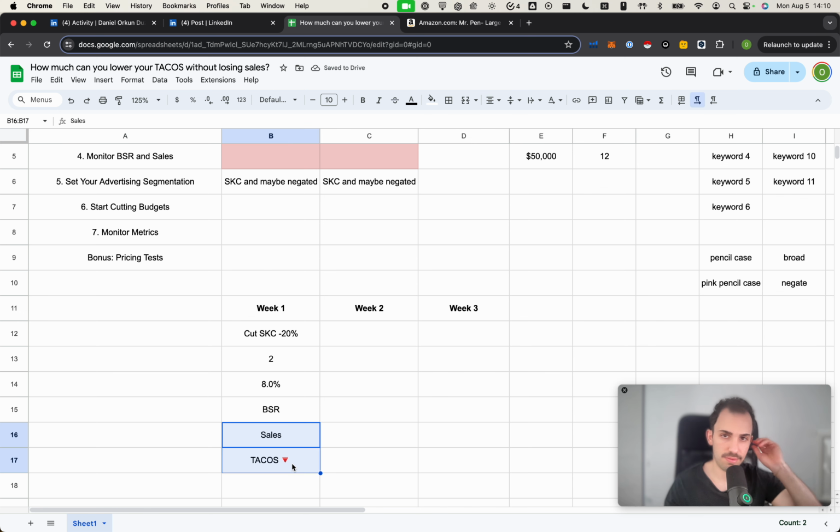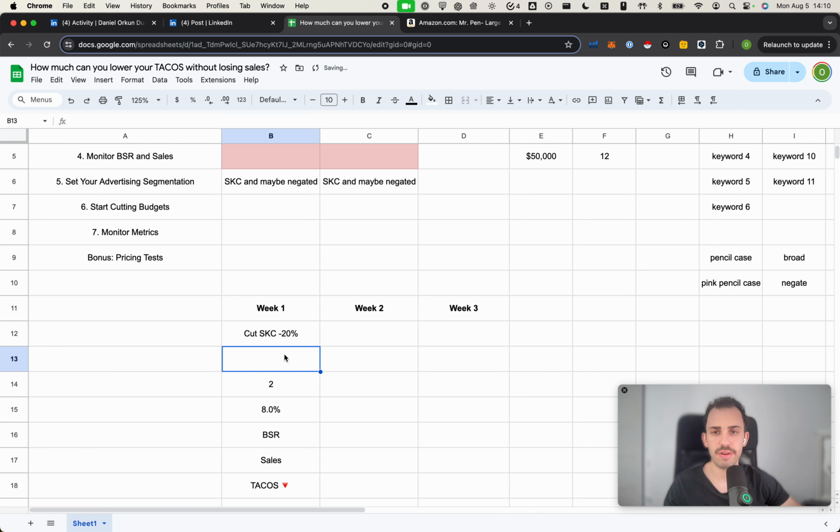All right, this is what we want to see. Just because we're cutting from a main keyword, now you're actually seeing a lower TACOS. And what we are also doing here as a supplementary strategy is cutting what we call discovery campaigns. What are the discovery campaigns?